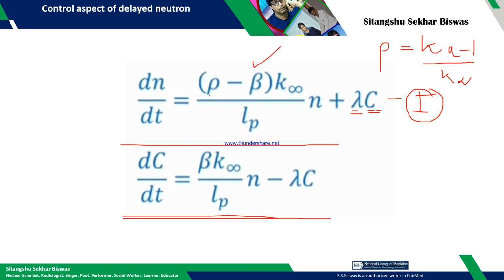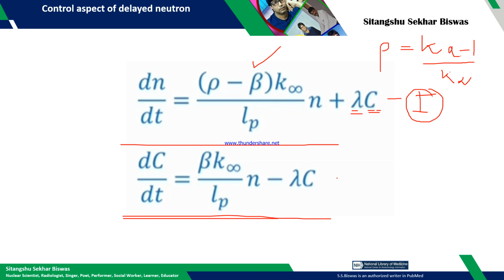One thing you have to remember is that for a particular composition of fuel mix, there will be several neutron-enriched isotopes, or different groups of delayed neutron precursors, and you have to consider all of these.